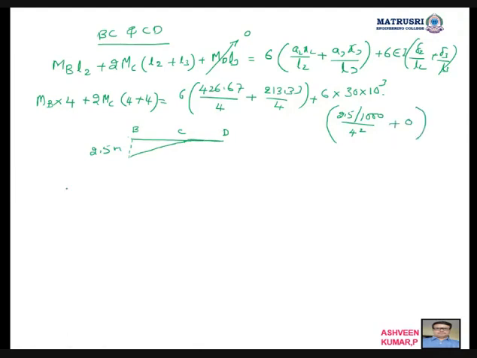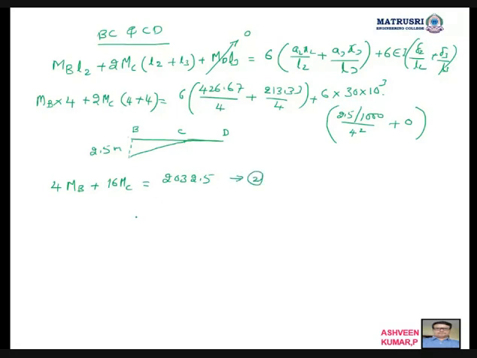So if I go for the calculation part, 4 MB plus 16 MC is equal to 2032.5. This is equation number 2.